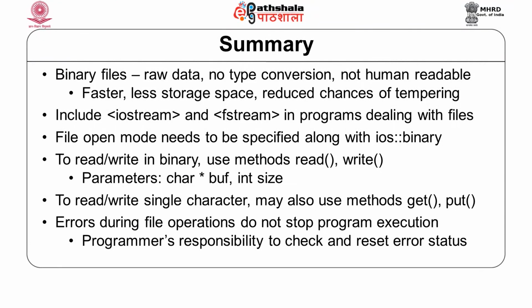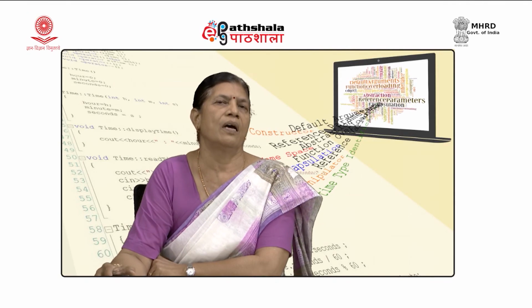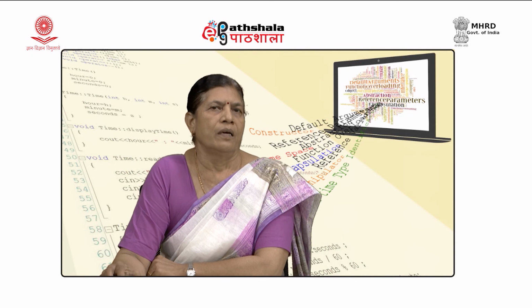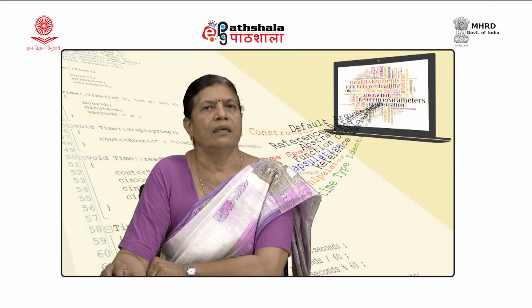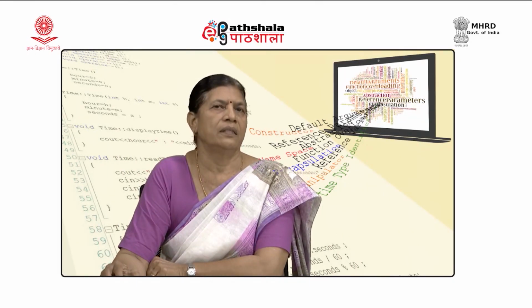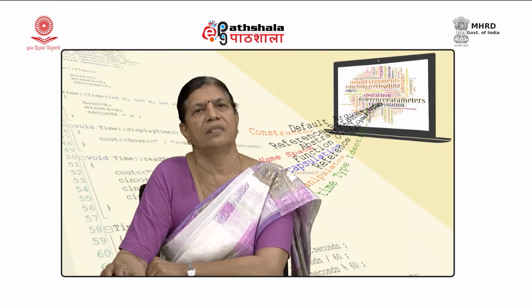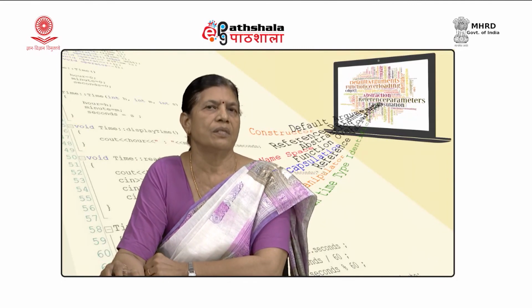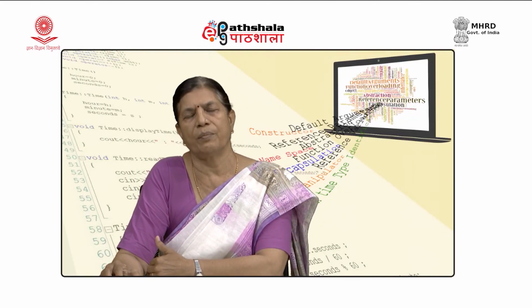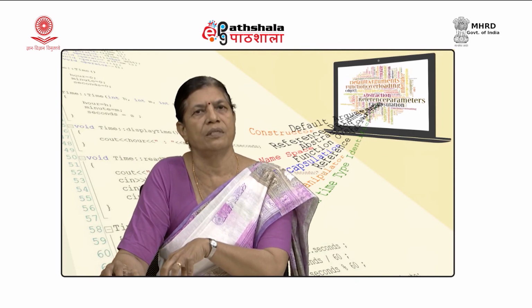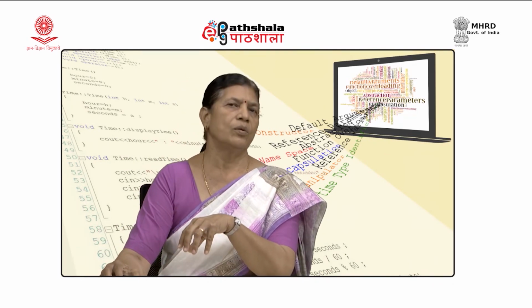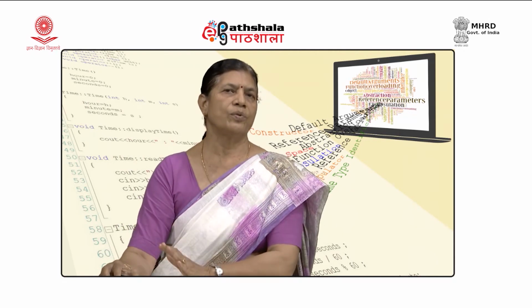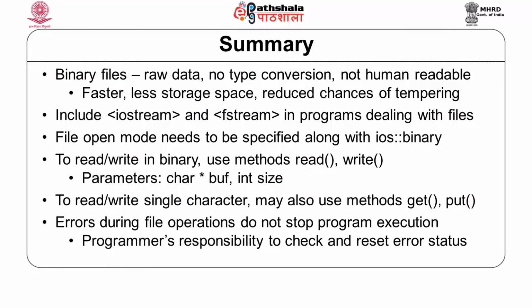It is the programmer's responsibility to check the errors. The program will not stop if some error occurs or some file IO fails. In case of any error, the bits are set in the error state, and those bits remain set unless and until they are cleared by using some method like clear. So, it is all the programmer's responsibility to check the errors during file operations, as well as to clear those error bits using the clear method.